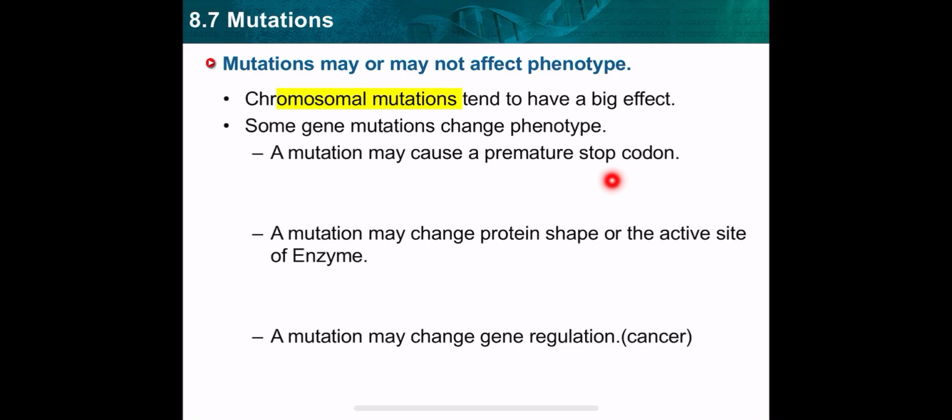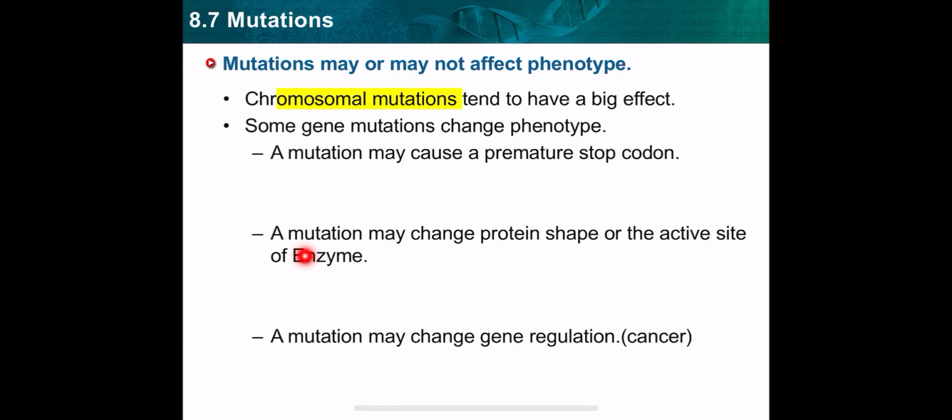So of course translation will stop, and the protein won't be normal. This is the premature stop codon. What is the meaning of premature stop codon? A stop codon formed due to mutation before the end of the gene, or before the end of the formation of the protein.